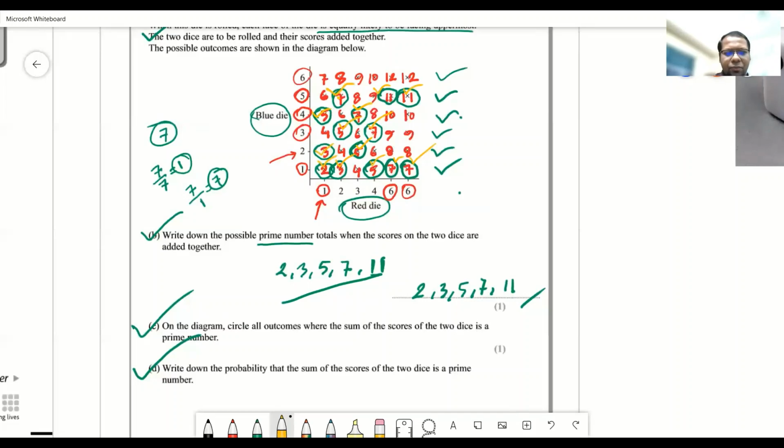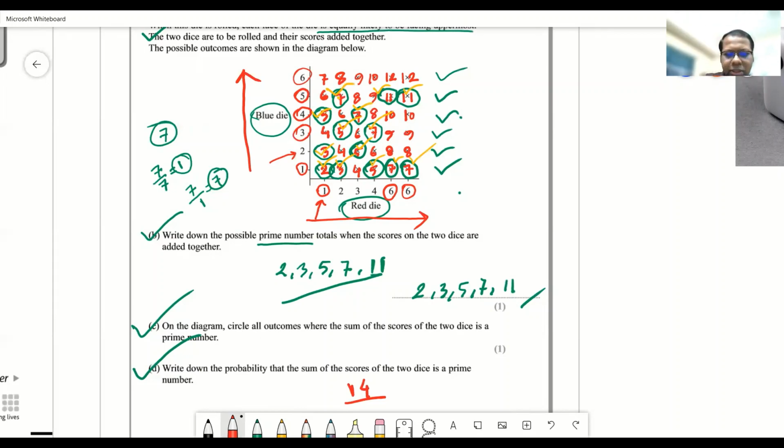So we have obtained 14 prime numbers. Now how many events are there in total? Total 36 events, because in the horizontal axis there are 6 events, and in the vertical axis there are also 6 events. So if you multiply them, 6 into 6, 36. So a total of 36 possible outcomes are there.